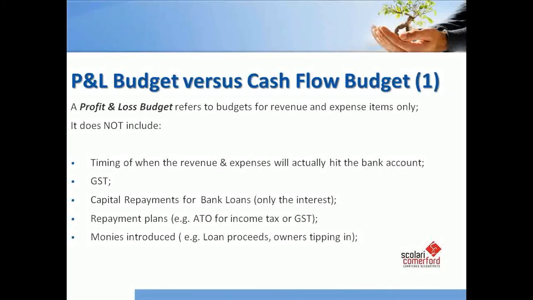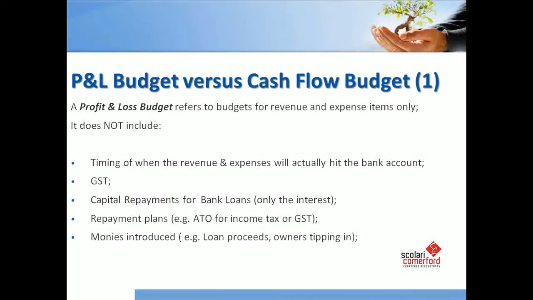It doesn't include GST, so if you look at your profit and loss statement that's given to you by your advisors, unless you are not registered for GST, it won't have GST in it. It does not include capital repayments for bank loans, so not the principal amounts, only the interest.